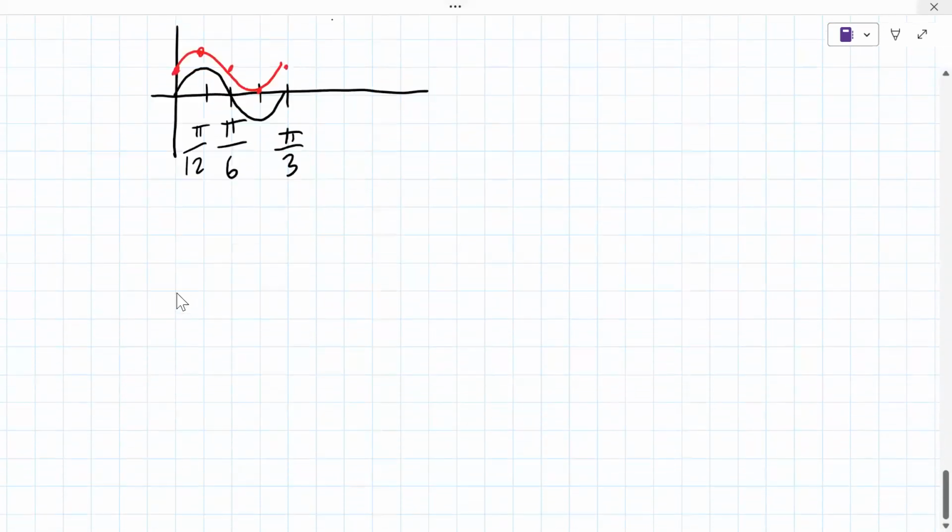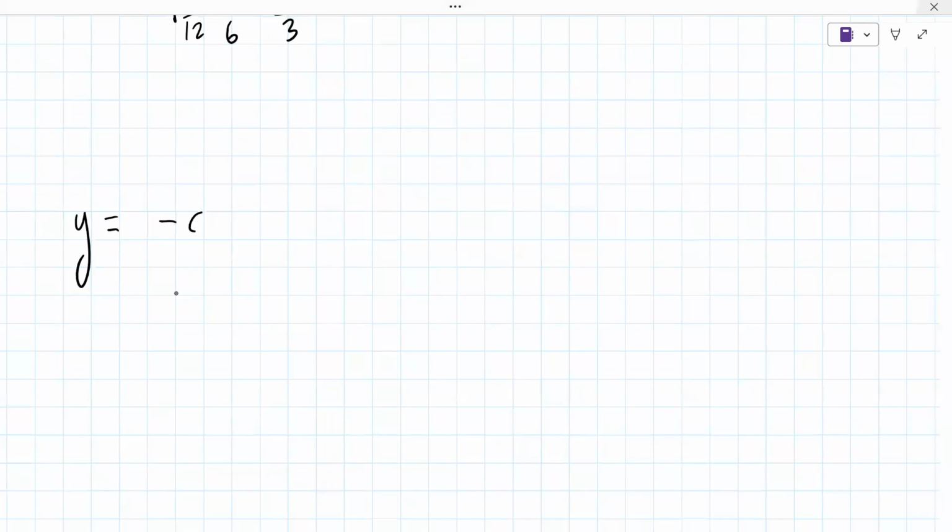Okay. Let's have you try one here. Y equals minus cosine x plus 2. I think I did it.